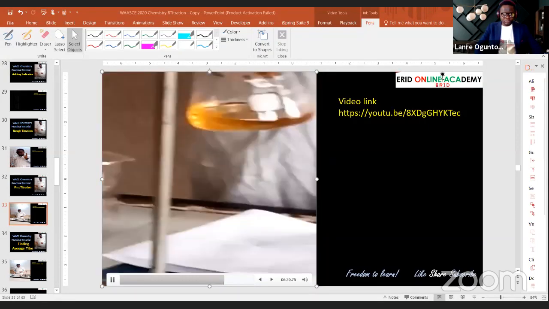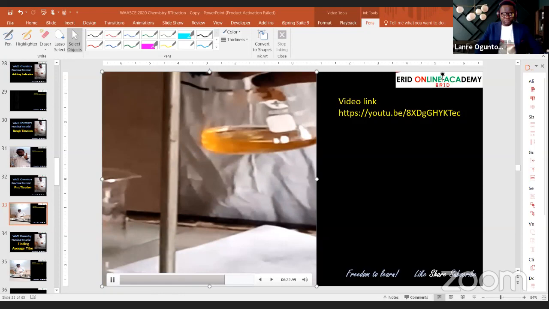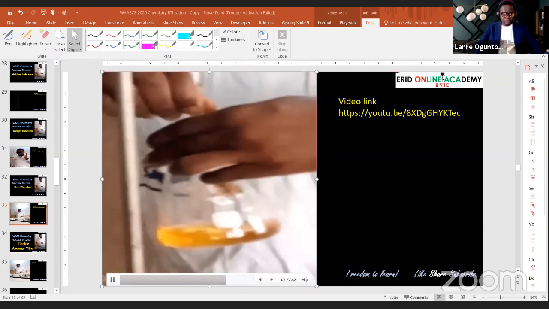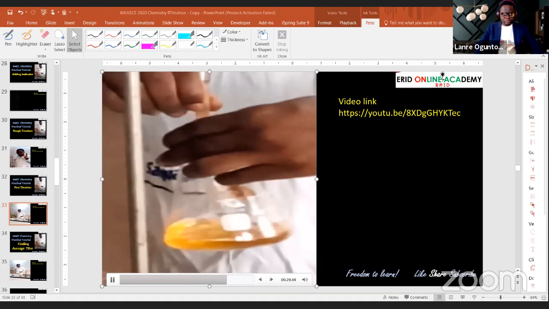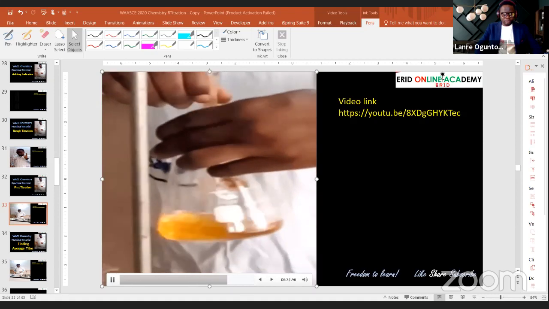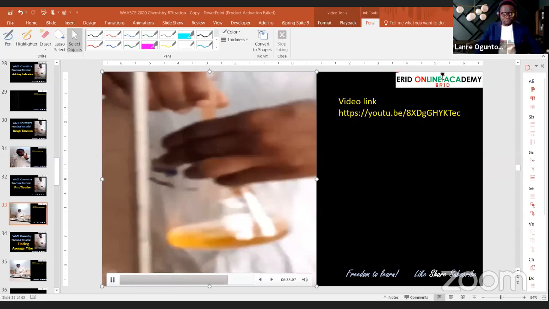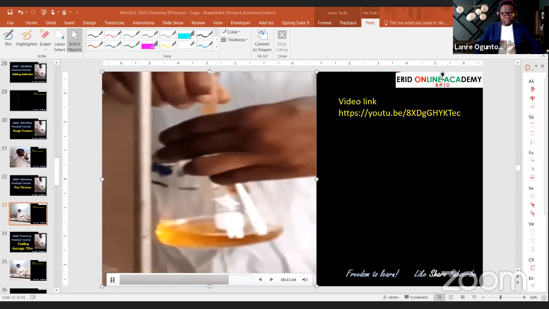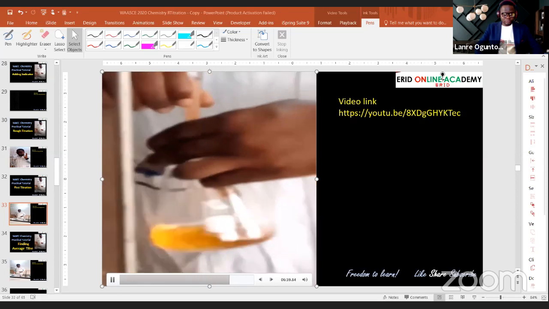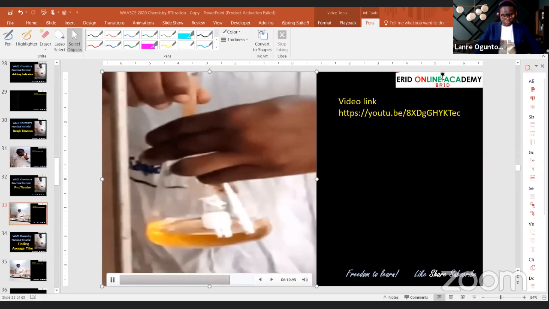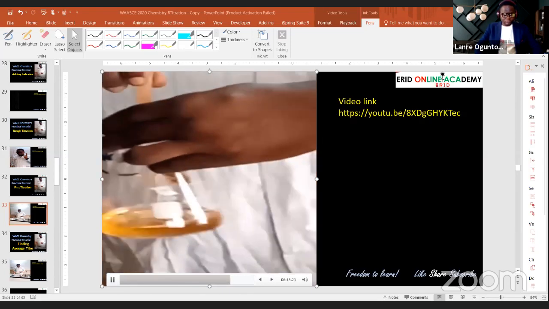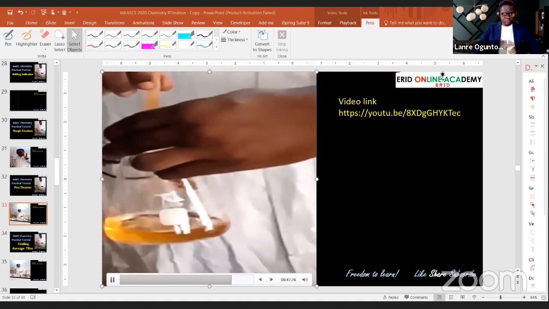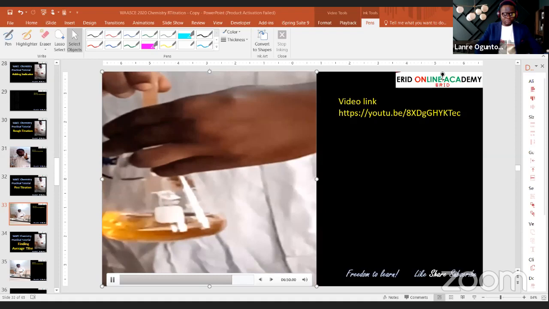Focus on this, keep shaking. At a particular point, just one more drop will change your solution. So you have to be as careful at this point as possible. You can see I'm doing it just one drop at a time, then you shake.